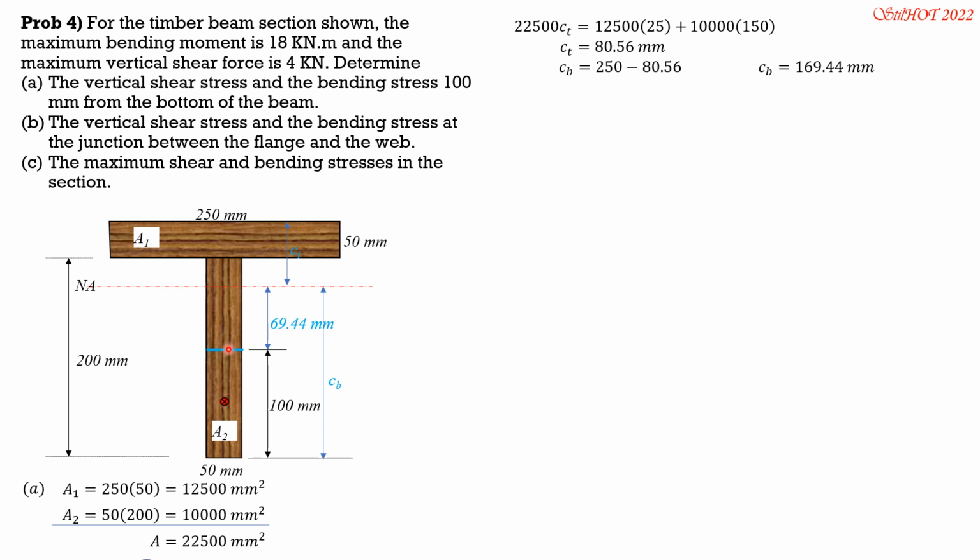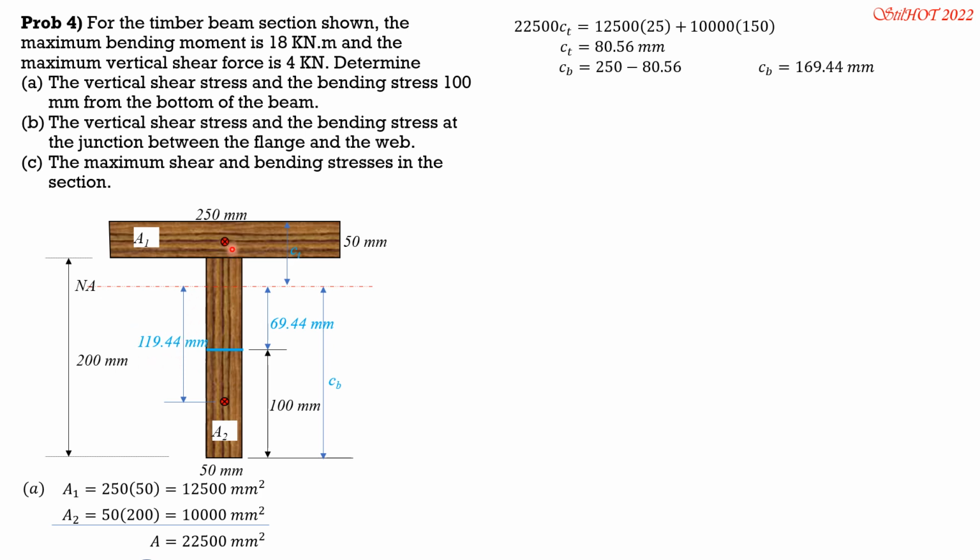So since this is 50 plus 69.44, that would be 119.44, this distance. This is y prime supposedly. From Q equals area prime times y prime, where area prime is 50 by 100 and y prime is 119.44.